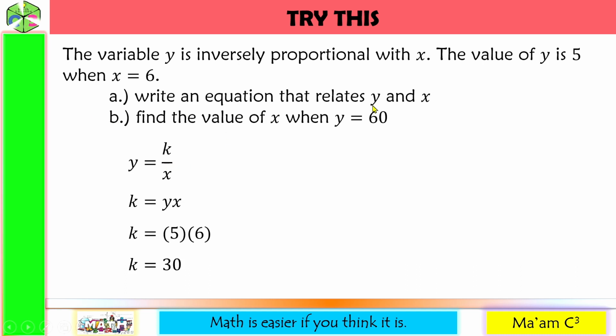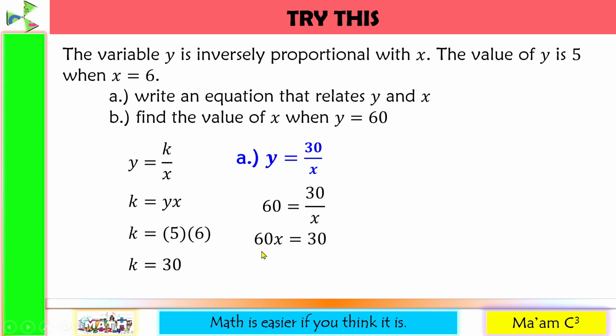So to answer letter A, y is equal to 30 over x. Letter B, find the value of x when y is 60. So all we have to do is to substitute 60 in our y here. Cross multiplication, 60 times x is equal to 30.